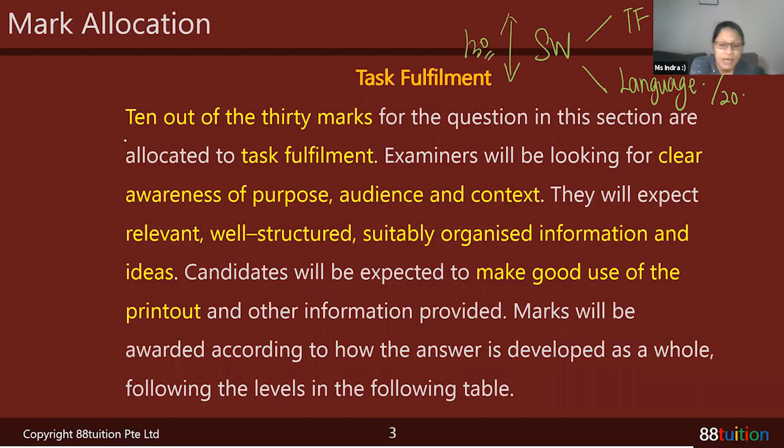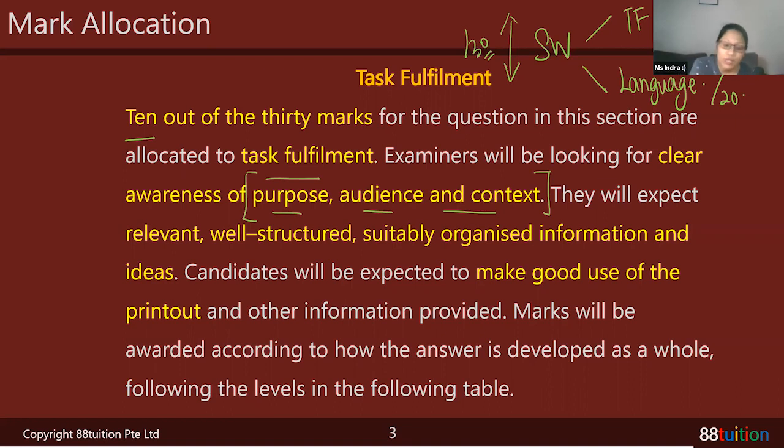Okay, so 10 marks is for task fulfillment, where we will be looking at your awareness with regards to your purpose, audience, and context. These three elements are very important whenever you're writing your essay, because you need to make sure that you are aware of these in order to fulfill the criteria of your task fulfillment.